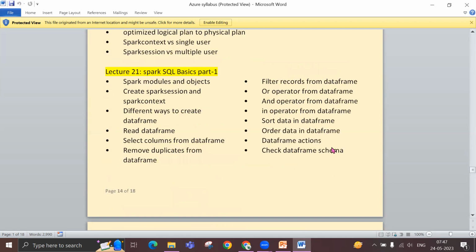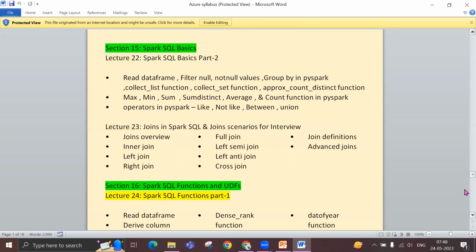Okay, this is a very important topic to understand, because Spark is one of the leading big data processing engines that across the industry many customers are using. And as a data engineer, it's very essential for you to understand the Spark concepts.